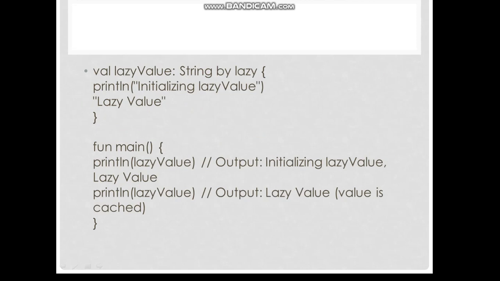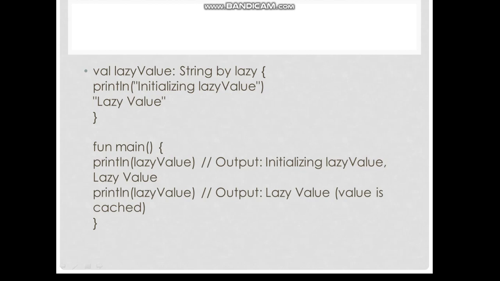Here in this program we see val lazyValue, string by lazy. The by keyword is used to do the lazy initialization. We have initialized the lazy value. Then in the first println call, it will print "initializing lazy value" and then the lazy value.